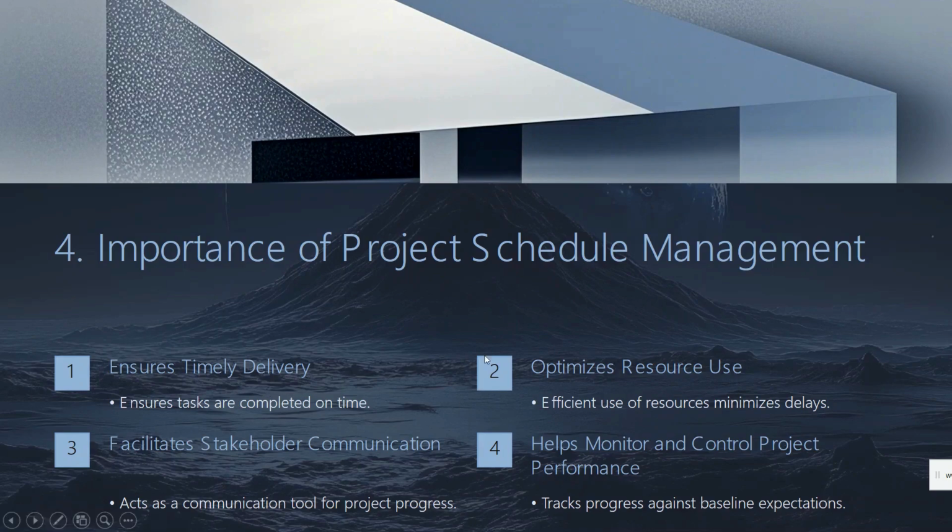Number two, we have optimized resource use. By identifying dependencies and sequencing tasks effectively, resources are used in the most efficient way, which is also used to minimize delays. Next, it facilitates stakeholder communication. The project schedule acts as a communication tool to update stakeholders on the progress and timelines of the project.